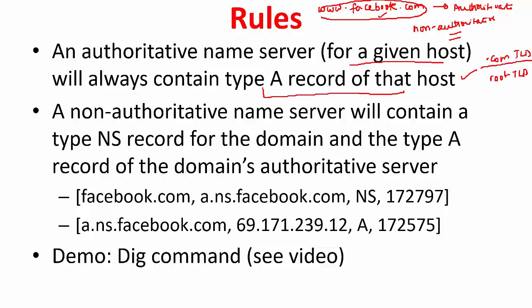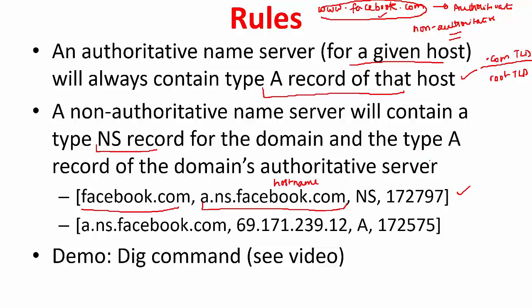What entry should this contain? This should definitely contain an NS record for that particular domain. In other words, it should contain this entry, which is essentially telling this domain, this is the authoritative name server. Note that this is actually the host name of the authoritative DNS server.